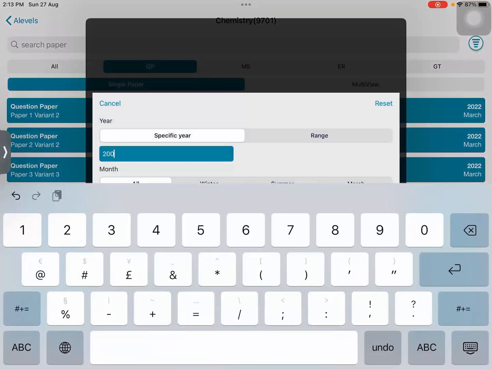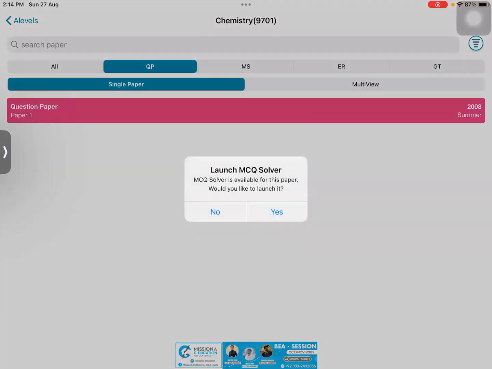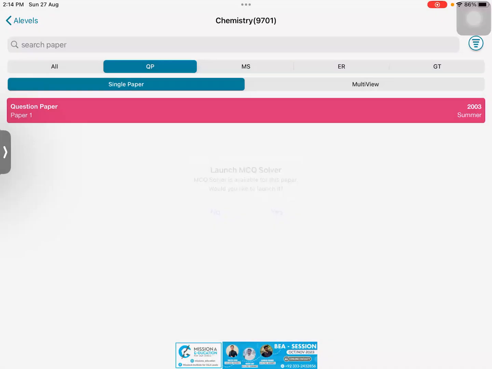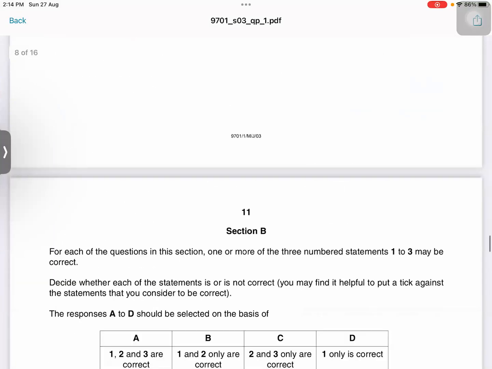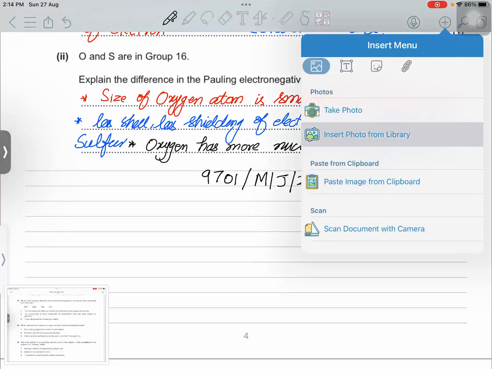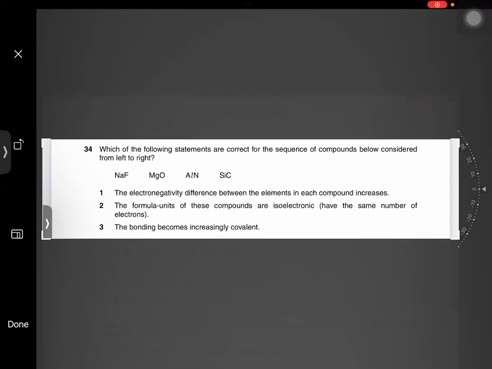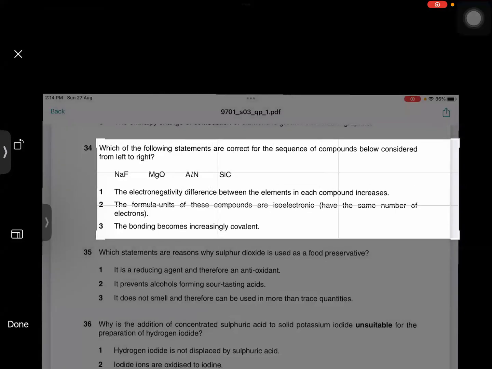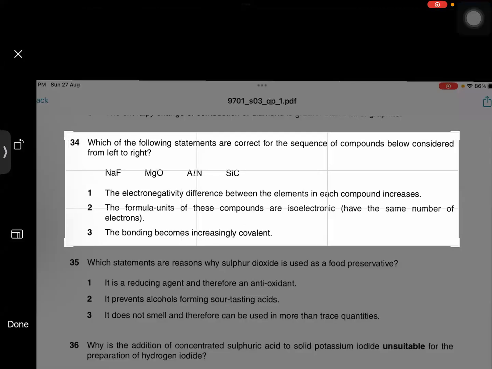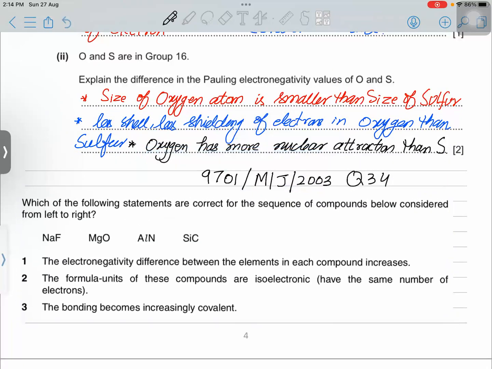Which of the following statements are correct for the sequence of the compounds below?